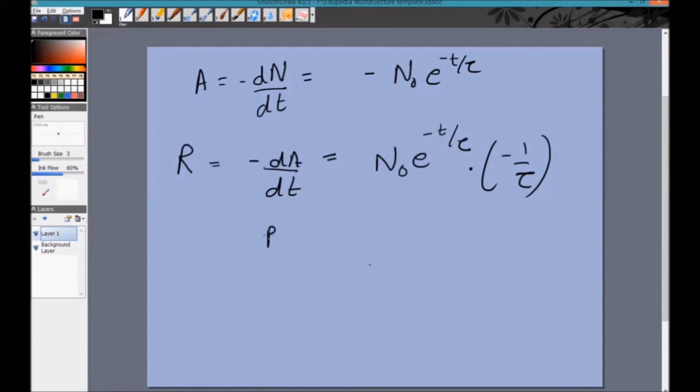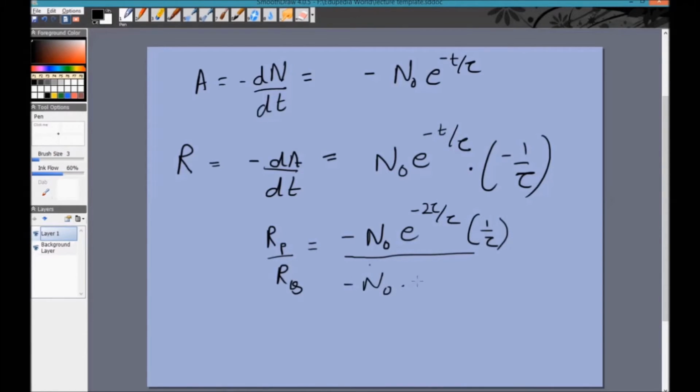So the equation will be Rp by Rq is equal to N naught, for the first one it is tau, so e to the power minus 2 tau by tau, because we want it at time t is equal to 2 tau, into 1 by tau, divided by N naught into e to the power minus 2 tau by 2 tau into 1 by 2 tau.